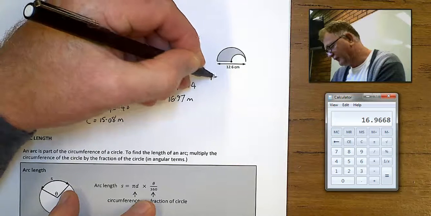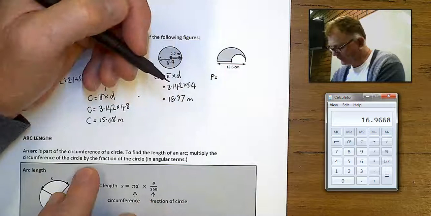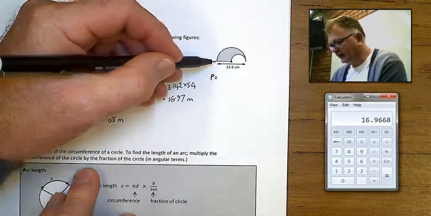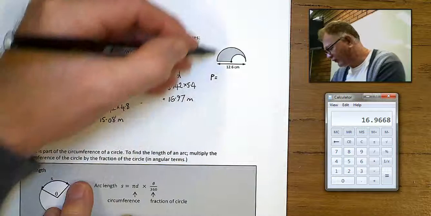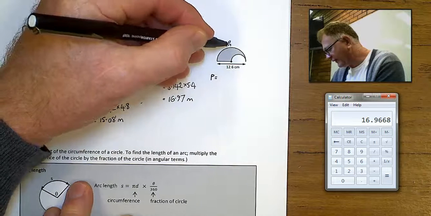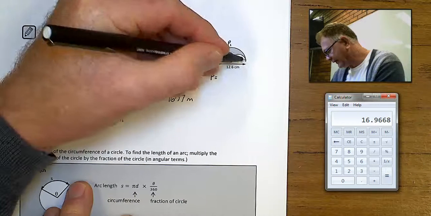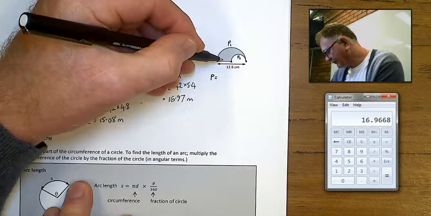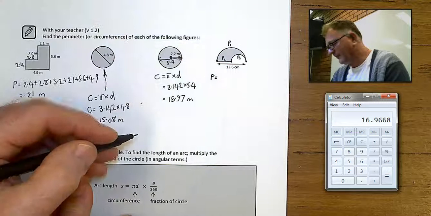So the full perimeter of this one is going to equal, I think what I might do is I might actually set it out like this. I'm going to call this little bit P1. The distance from here to here is P1. I'll call this little bit P2 and this little bit of perimeter P3.